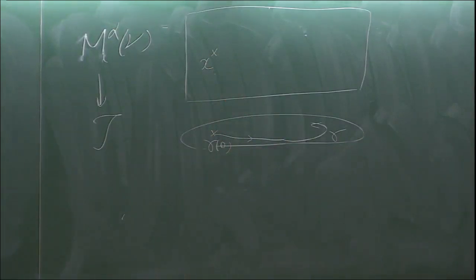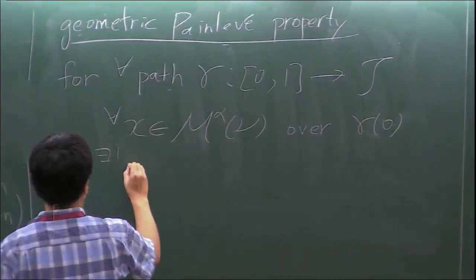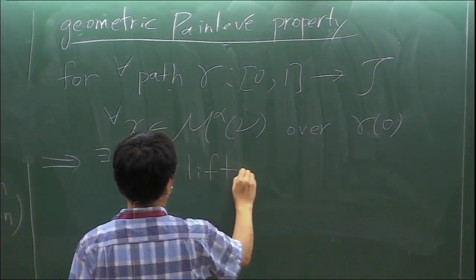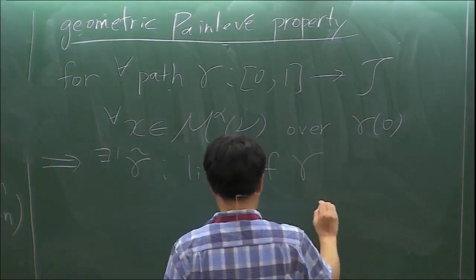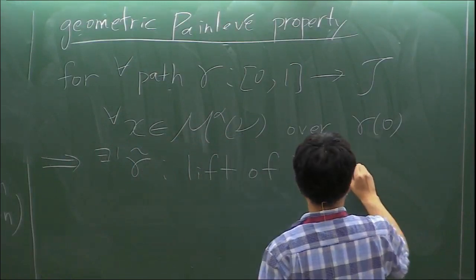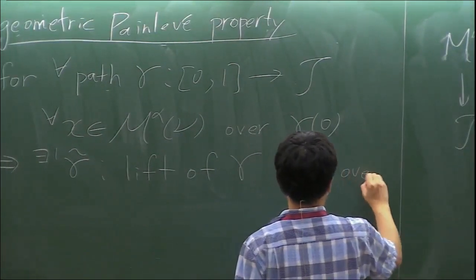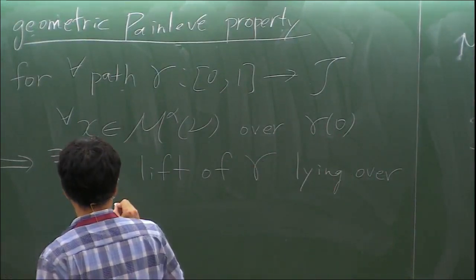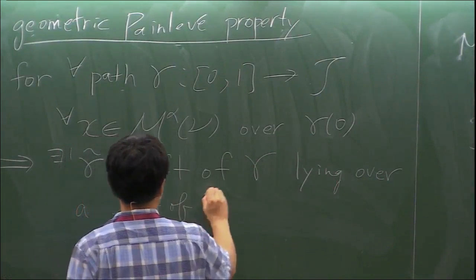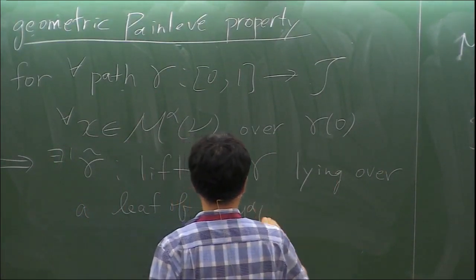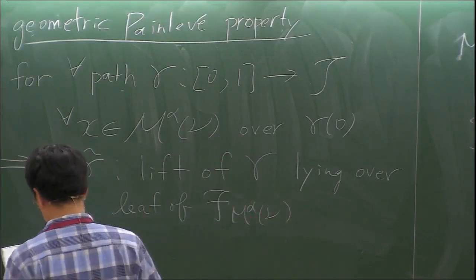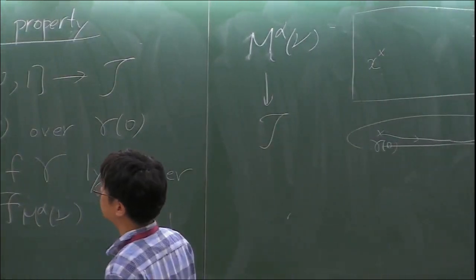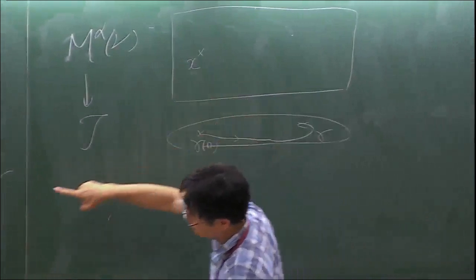Then there is a unique lift gamma tilde, a lift of gamma, lying over a leaf, an isomonodromic leaf of the isomonodromic foliation. This is the definition of the geometric Painleve property.